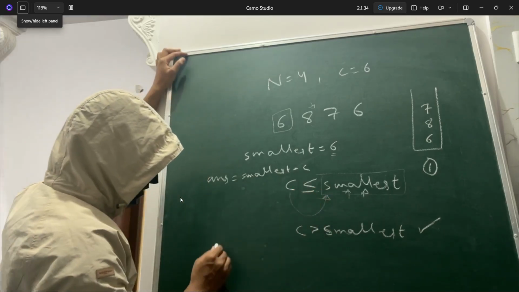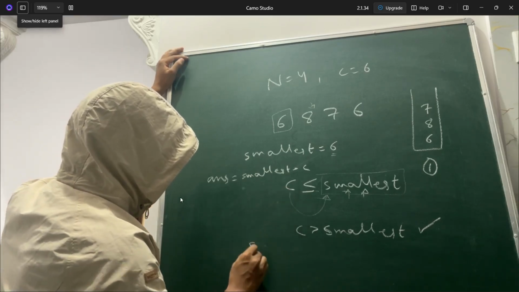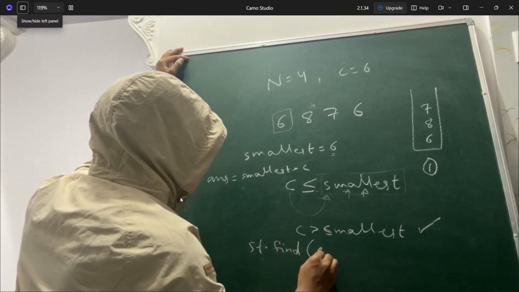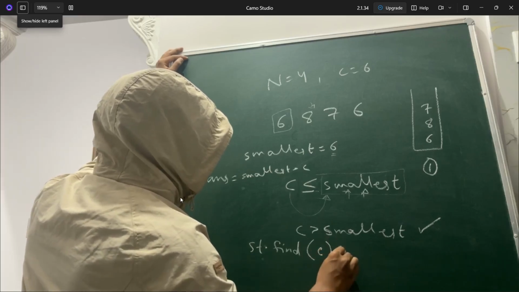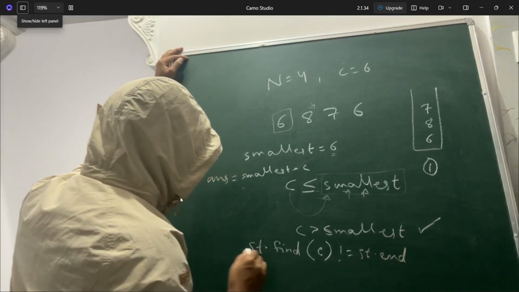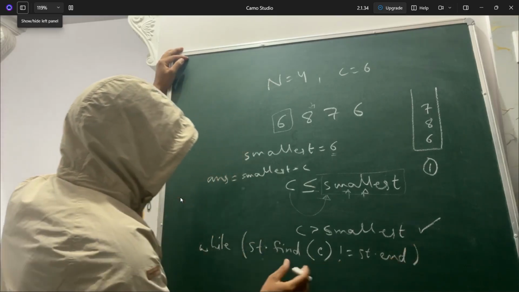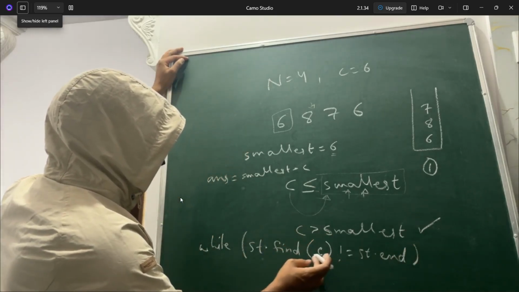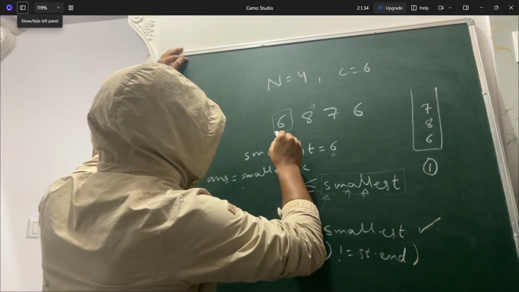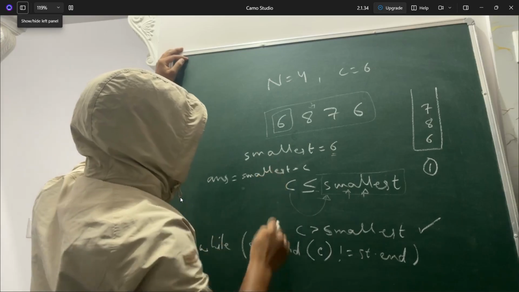Now we will take a loop. In that loop we'll be checking st.find, basically in st we'll be finding this C. If it is not equal to st.end, which means the number of cookies we are finding is already present in the set, meaning that number of cookies a friend has.